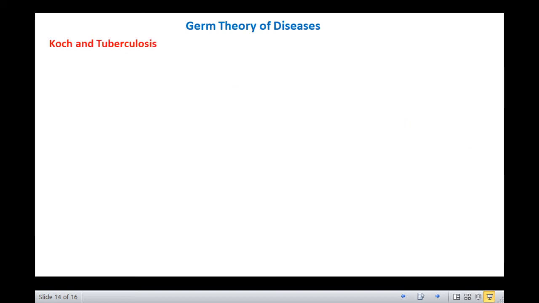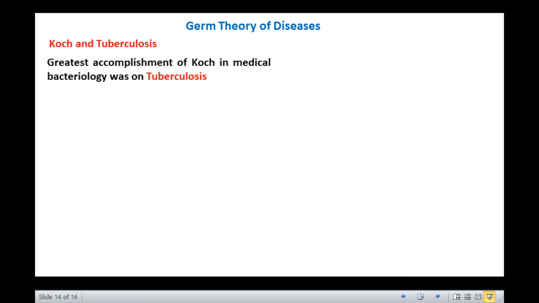The greatest accomplishment of Koch in medical bacteriology was his work on tuberculosis. Koch's aim was to demonstrate the causative agent of tuberculosis. He isolated the causative agent, Tubercle Bacillus. He realized that the mere identification of the organism associated with tuberculosis was not enough.